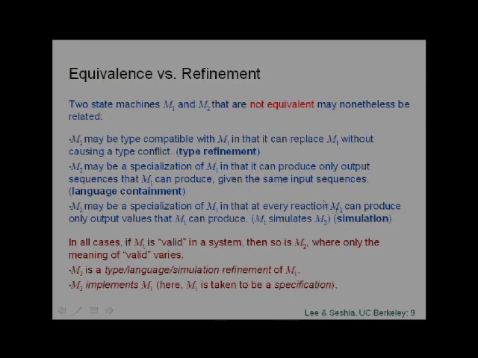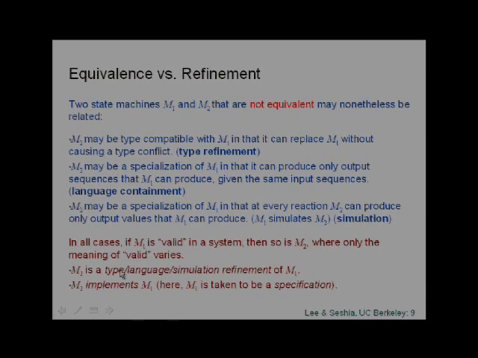In this case, if M2 is a specialization of M1, M1 can imitate M2, but M2 may not be able to imitate all behaviors of M1. These are the exact symmetric notions as we had in the previous three slides, except now the machines are not necessarily equivalent, but they refine each other. Okay, so let's define these more precisely.